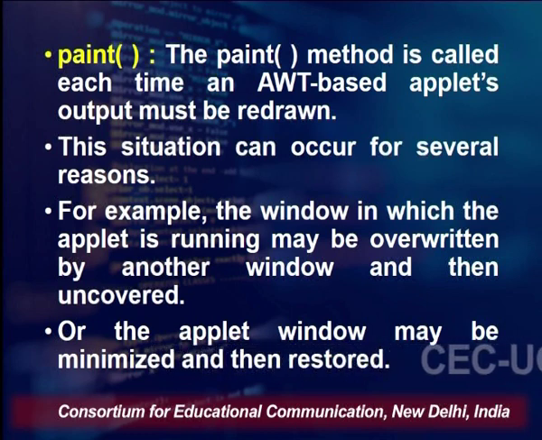Whenever that window is uncovered, paint is called again, or an applet window is minimized and then restored. That is also a situation in which paint is to be called again.